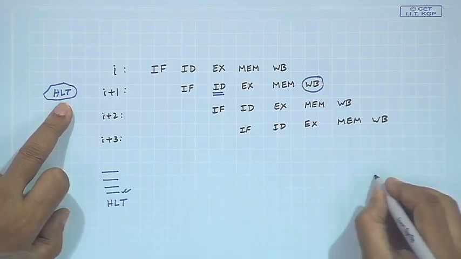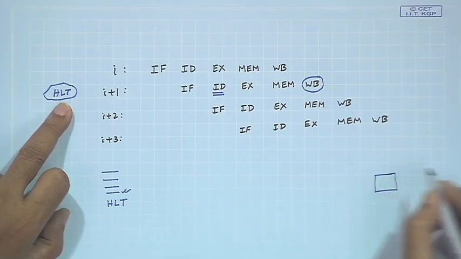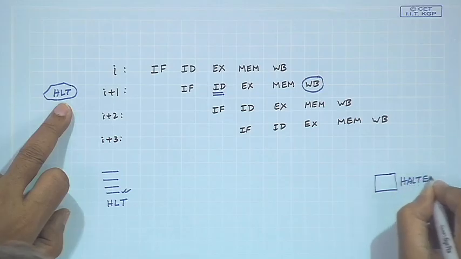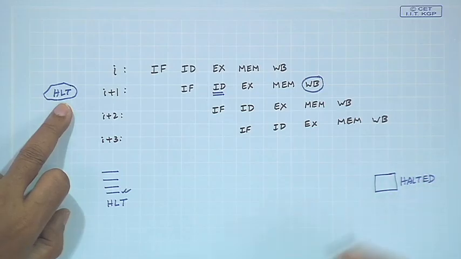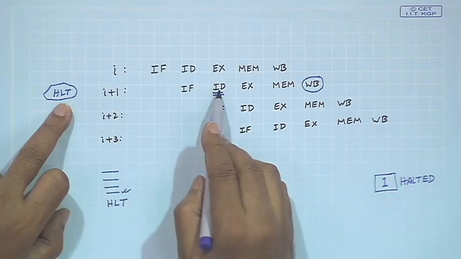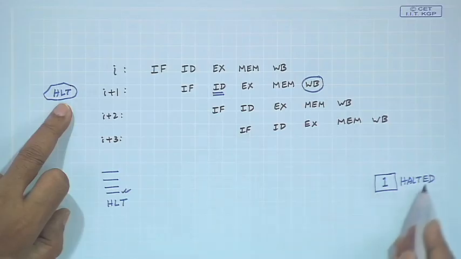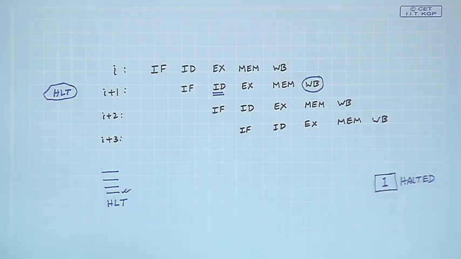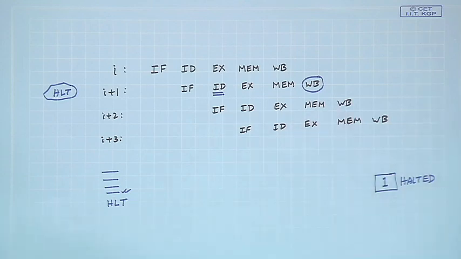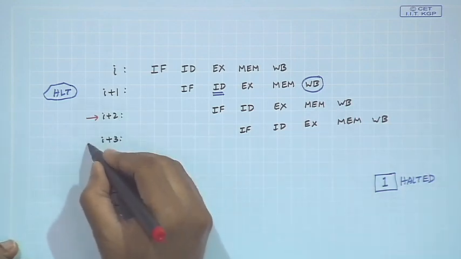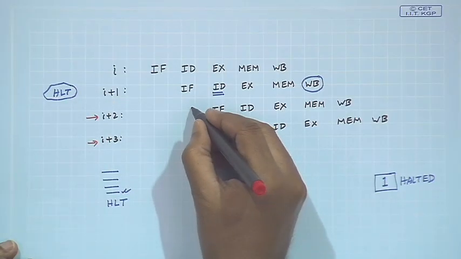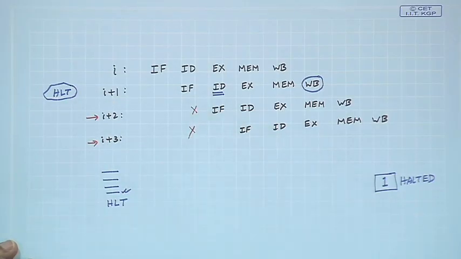So, you maintain a flip flop kind of a thing, which we refer to as halted, a single bit variable. You set this flip flop to 1 whenever you find there is a halt instruction. Just after the halt instruction, some more instructions will automatically be entering the pipe, but the machine is supposed to stop here, so these should not be executed.